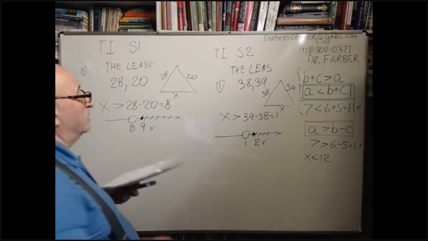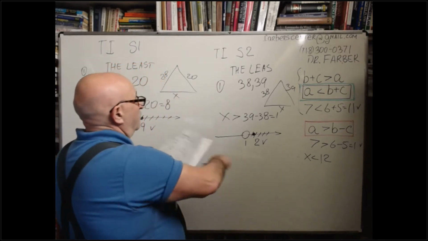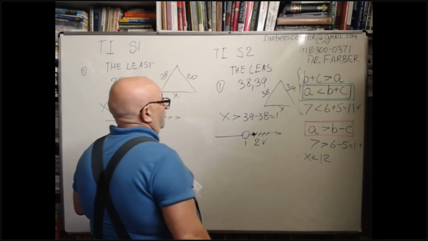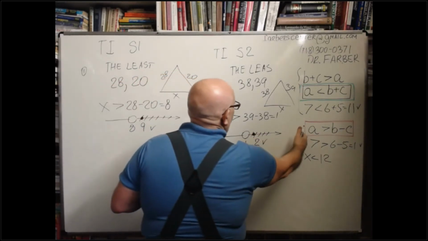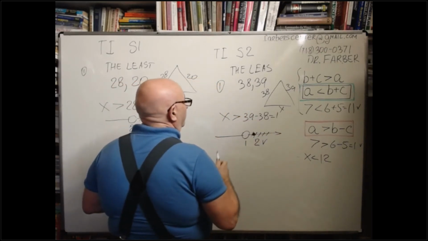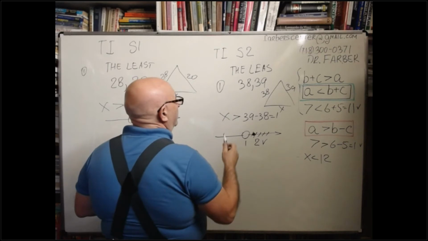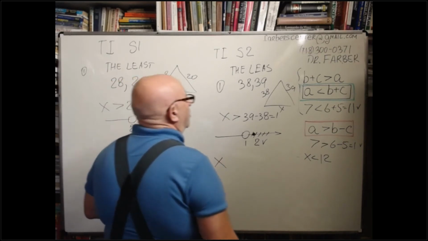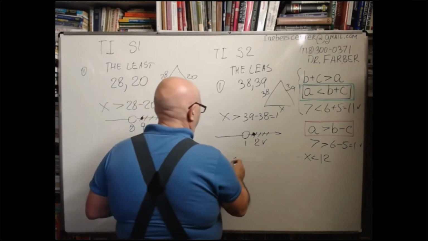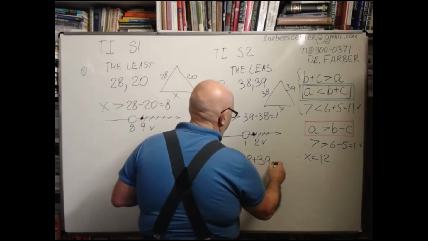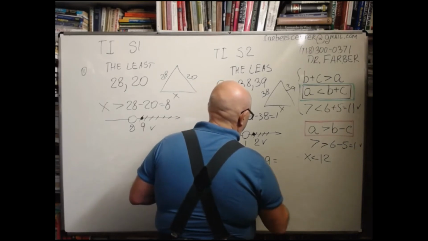Okay, let me do this together with you. I use your way. Pretend I decided to use this way. From one side I use this red one, but now the green one, right? In the green one, in order for the triangle to exist, x is supposed to be less than 38 plus 39, which is 77, right?